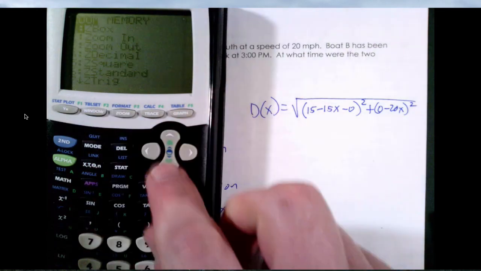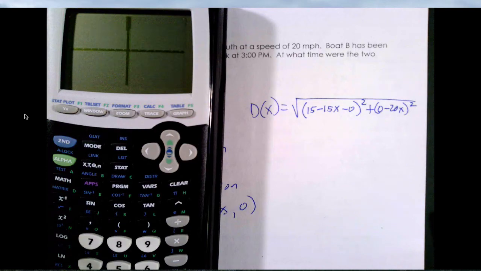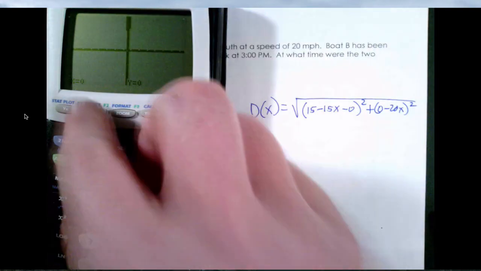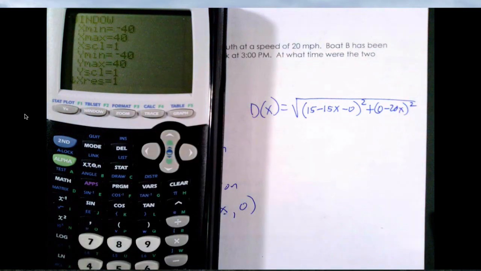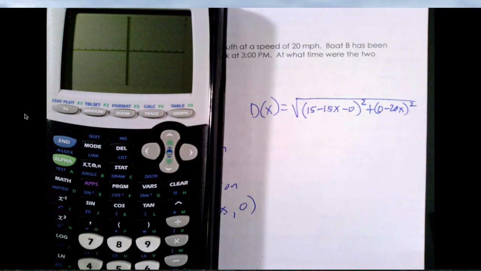Let's zoom out. Everything's all scrunched in towards the x-axis, so I'm seeing too much x and just enough y. If I go from negative 8 to 8, just guessing, that's pretty good. Now I can find a minimum.